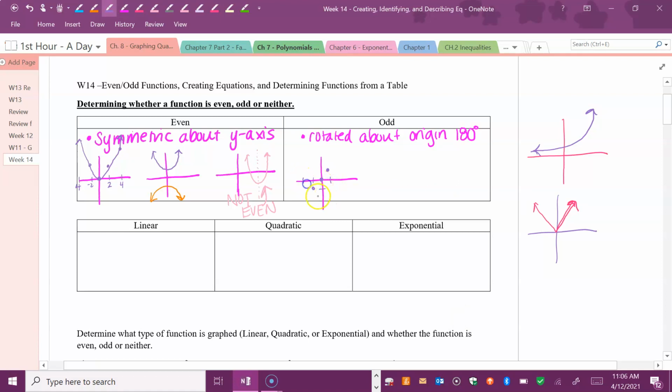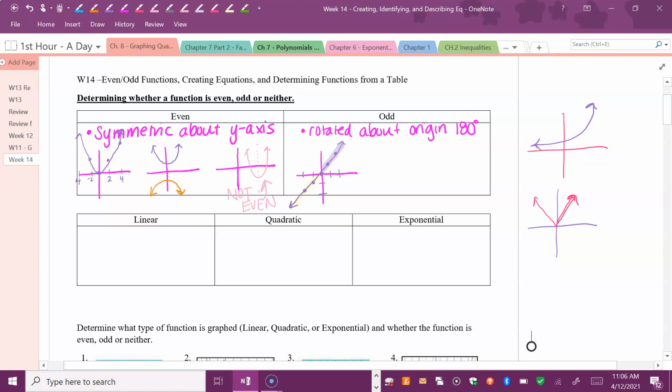So if I plug in -2 and I get -2, when I plug in +2, I get 2. This linear function right here is symmetric about the origin, because if I rotate, let's say, this bottom half 180 degrees, it would then be lying on top of that.